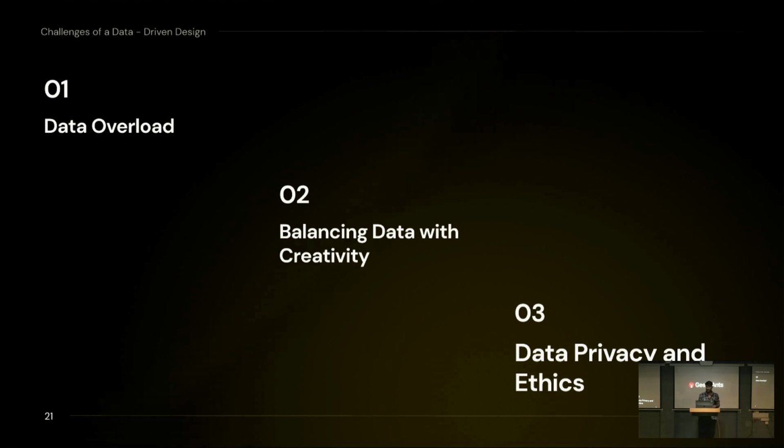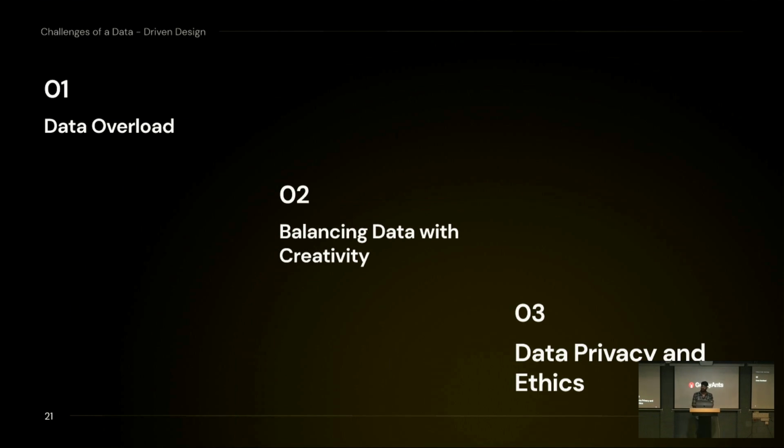Next is balancing creativity. With the sheer amount of data you see, it becomes hard to balance creativity, but you should understand that data is not dictating design. It is just part of it, and it should not hinder your creativity.